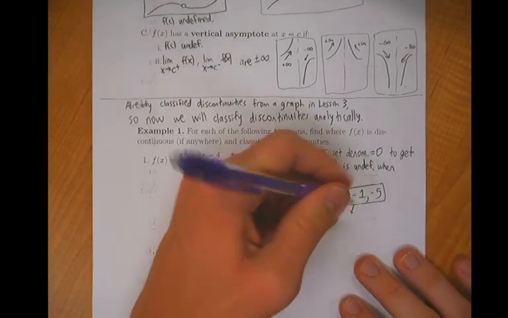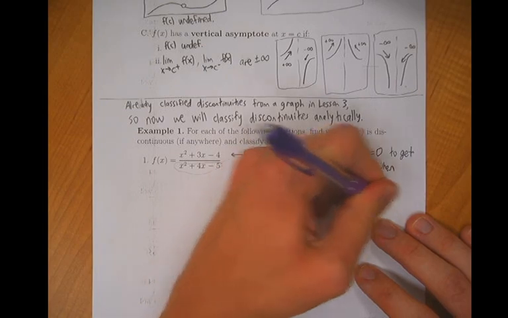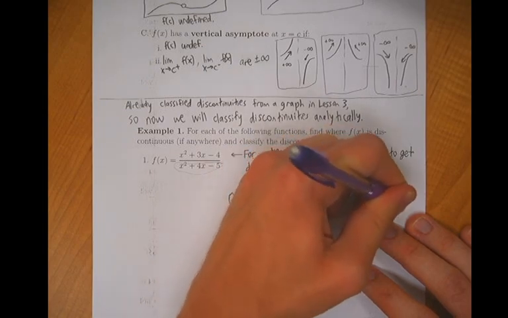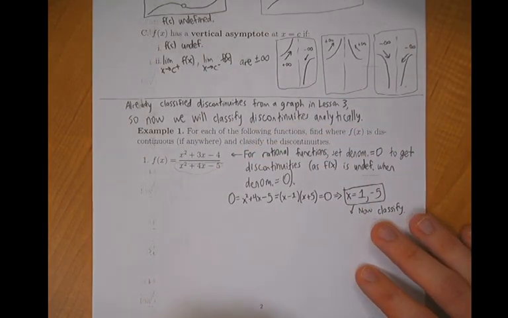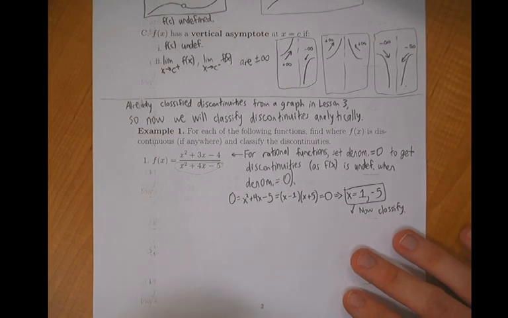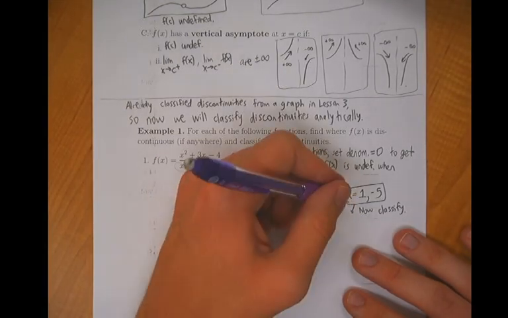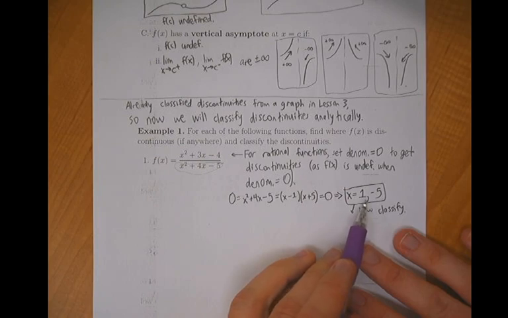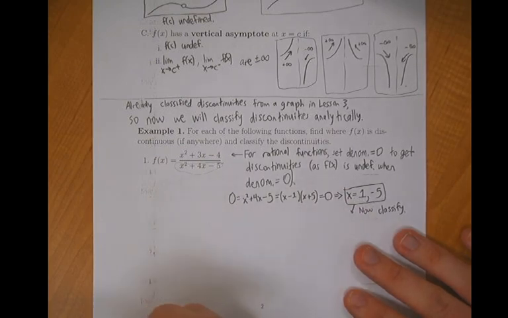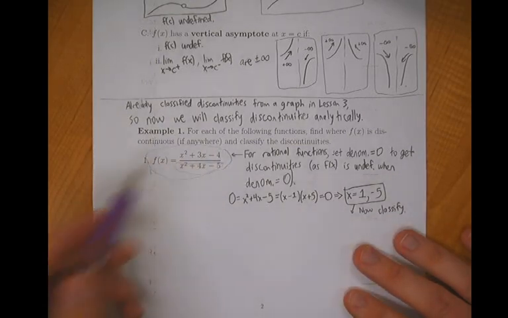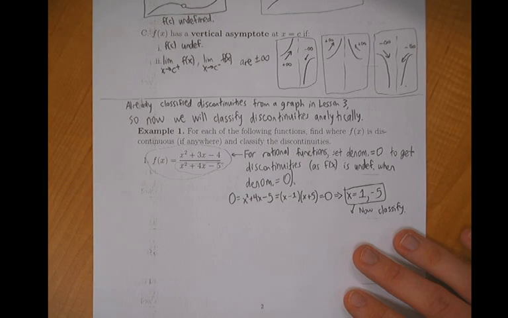So, now classify. Okay? So before we do that, let's say, as long as x is not equal to 1 or -5, let's see how we can simplify our function f of x here to see what kinds of discontinuities we can get from this.